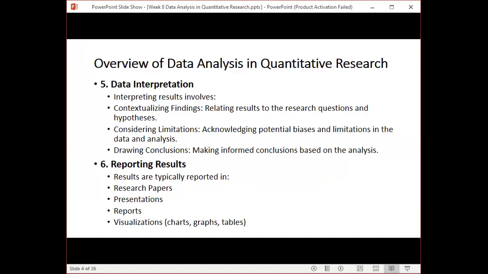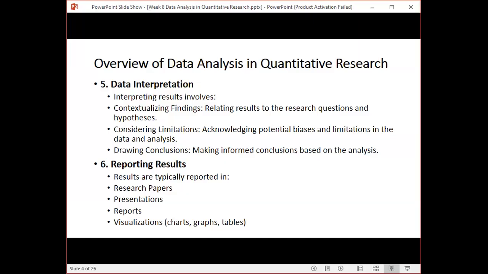All right. You look at the limitations. You acknowledge the potential biases in your analysis and the limitations from the data that you gathered and the analysis you are doing. You draw conclusions, making informed conclusions based on the analysis. And then how do you report the results?